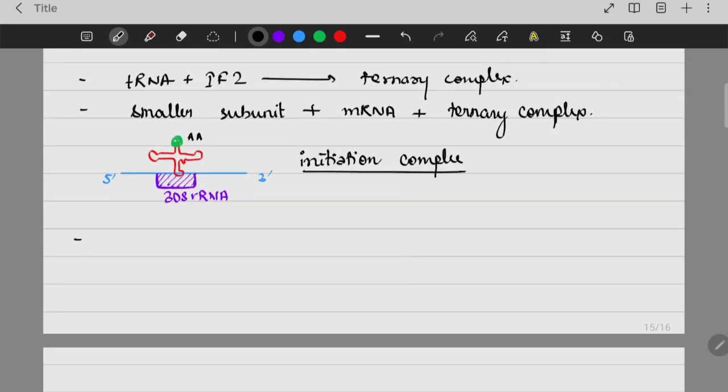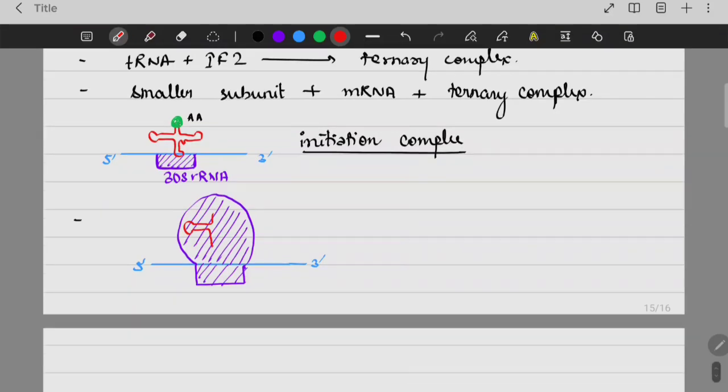Now, after this formation, the larger subunit will come and bind to it. How will this bind? If I make a diagram here, this is the 5' to 3' mRNA. This is the 30S, and above that the larger subunit, something like this, comes and binds to this point, and the tRNA gets bound to this point.